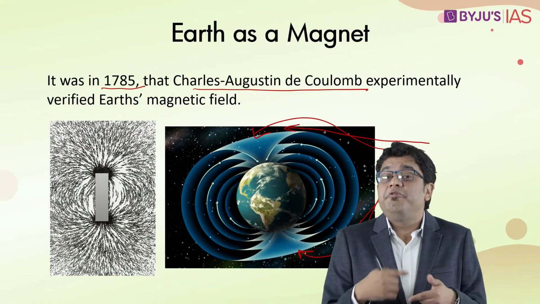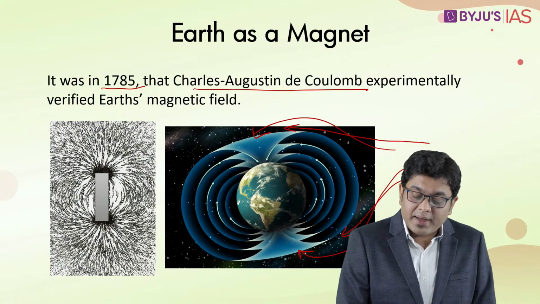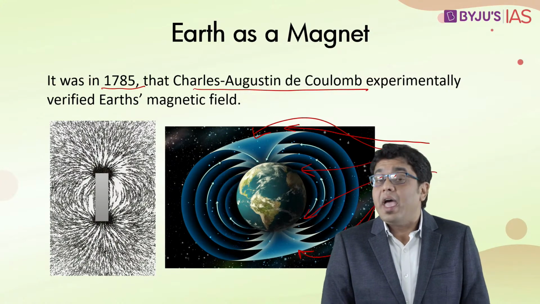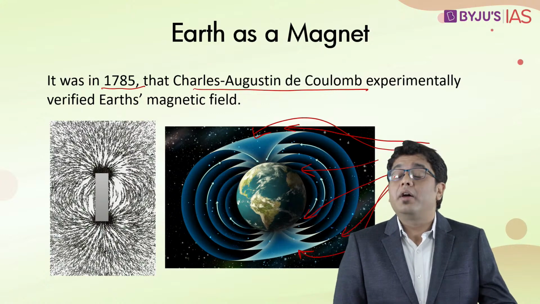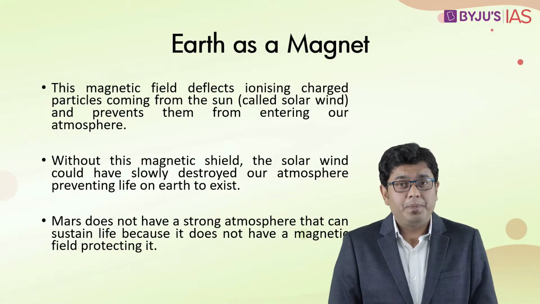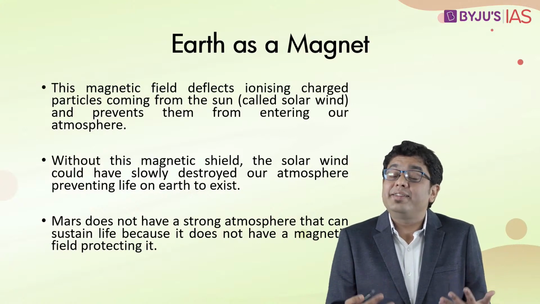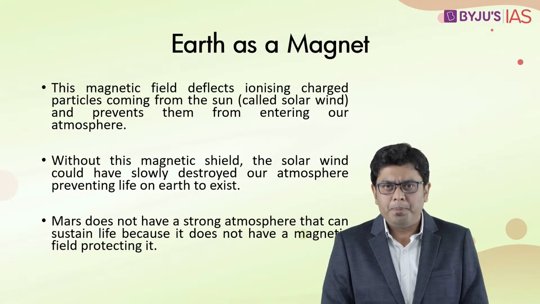Had this magnetic field not been present, these charged particles would have interacted with our atmosphere and would have taken away all the gases which we find in our atmosphere as of now.